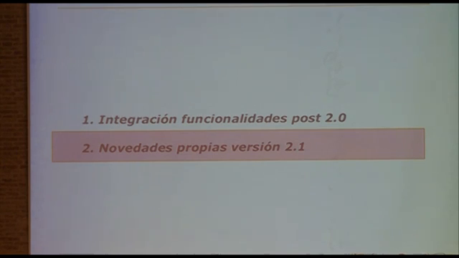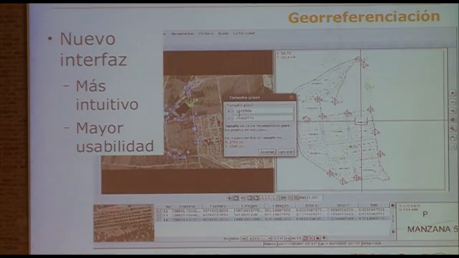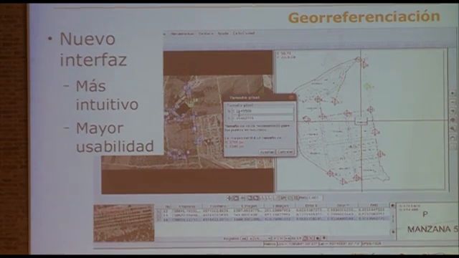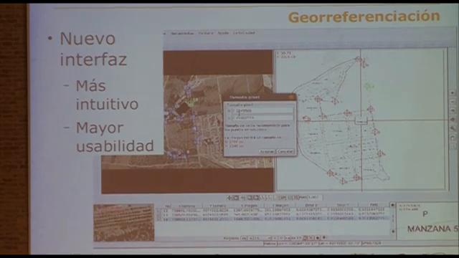As I said, they will be included in version 2.12, but now I would like to talk about the very new functionalities on the current version. Georeferencing. I said earlier that a current work line is the migration of functionalities in the branch 1.X.